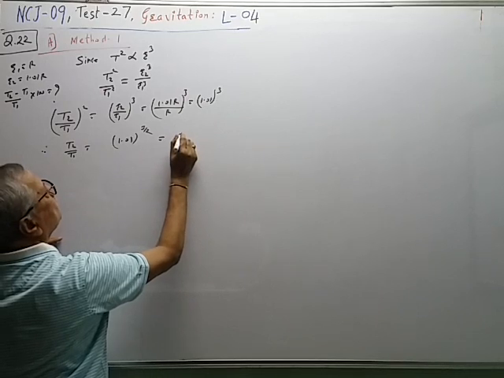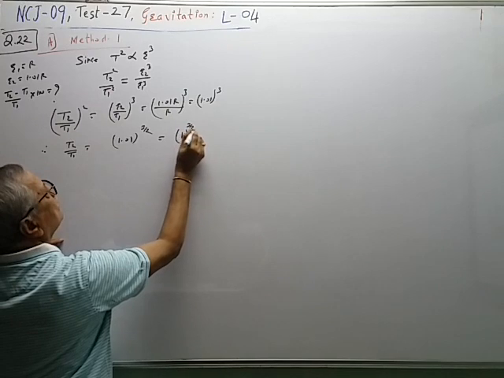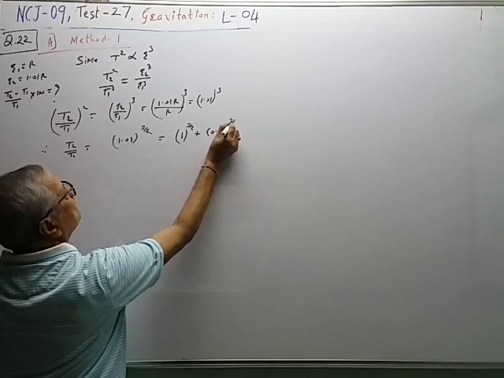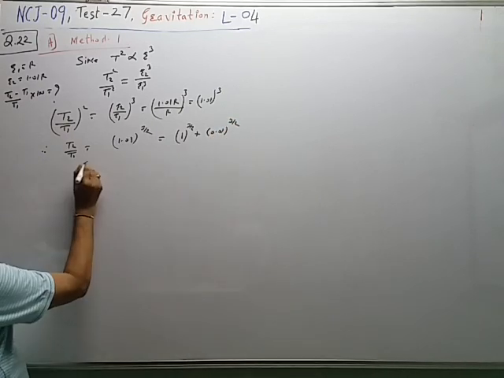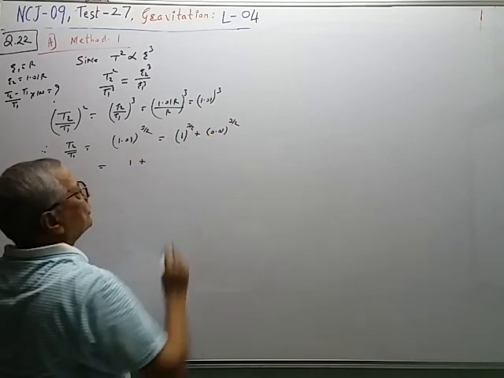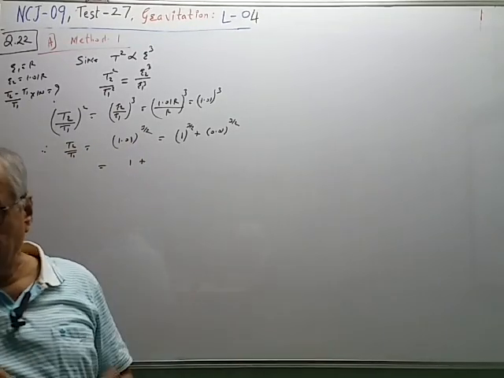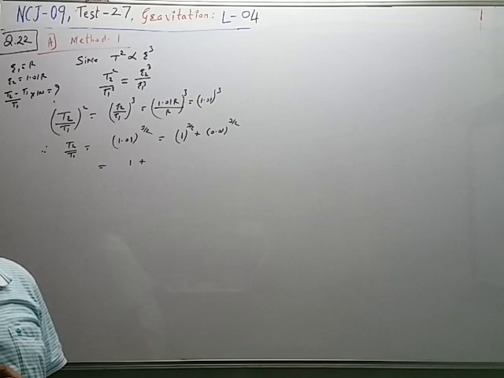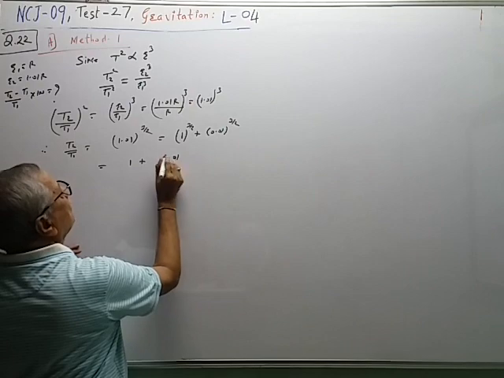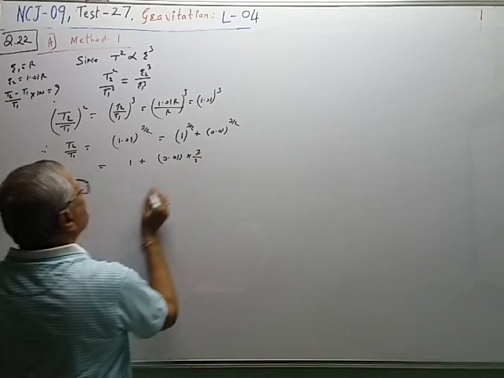So this is equal to 1 plus 0.01 bracket raised to 3 by 2. This is equal to 1 plus 0.01 multiplied by 3 by 2 approximately, neglecting the higher power terms.